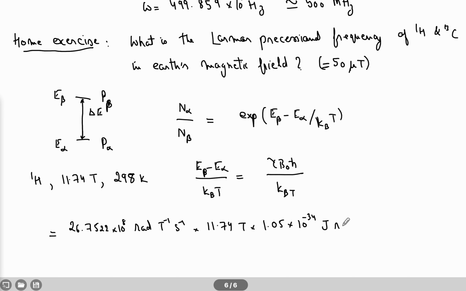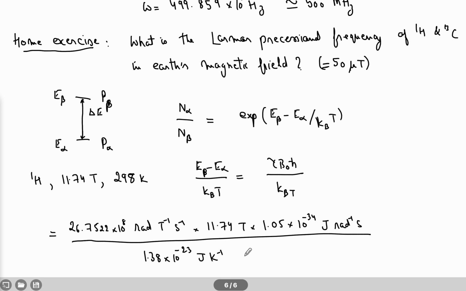The units are joule second, divided by kBT. kB is the Boltzmann constant, which takes the value 1.38 times 10 to the power minus 23 joules per Kelvin, and temperature is room temperature, so 298 Kelvin.